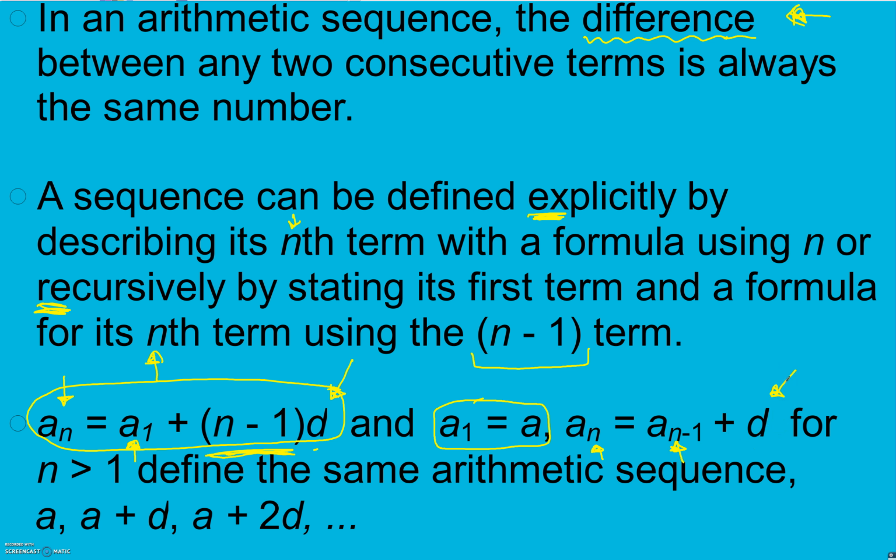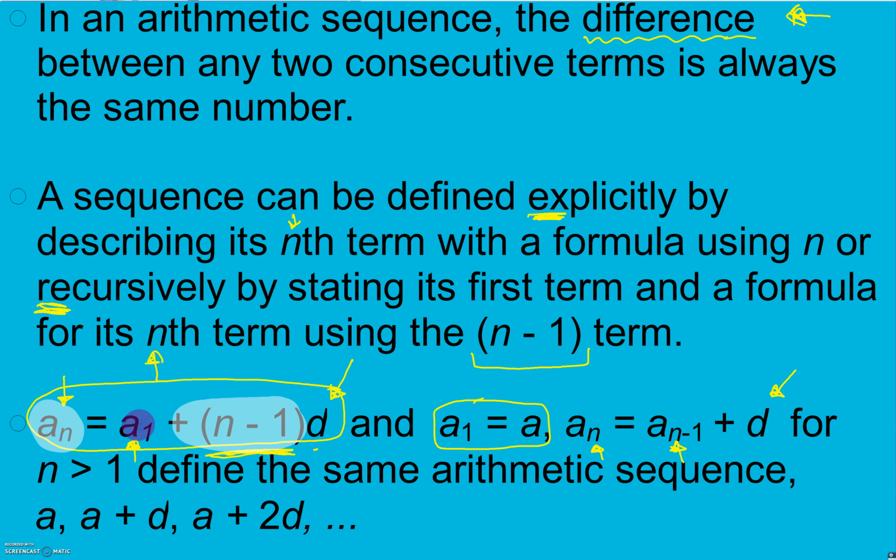Our framework, the things that will always stay the same, is our a of n and our n minus 1. We'll plug in a value, our starting point, for a sub 1, and our common difference is d. That's our change every time.